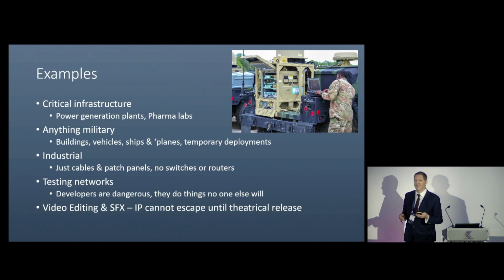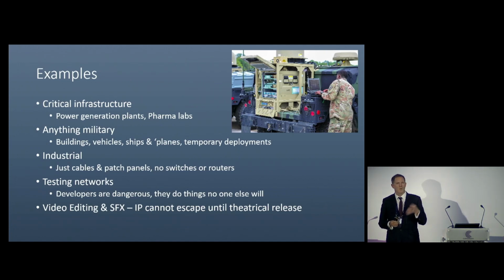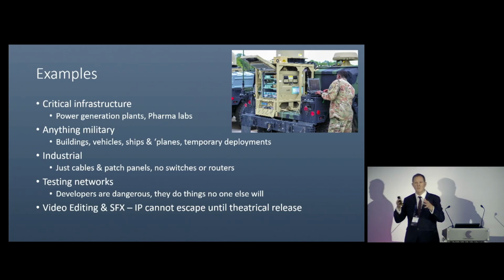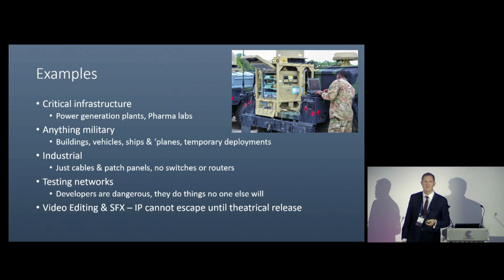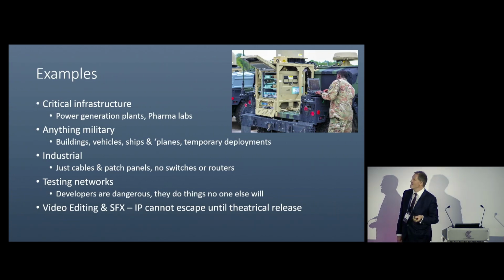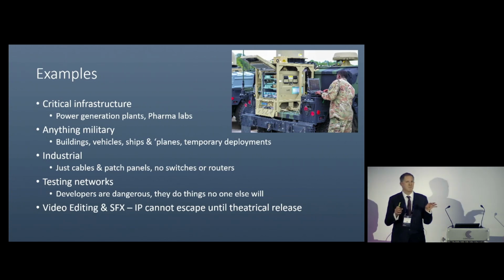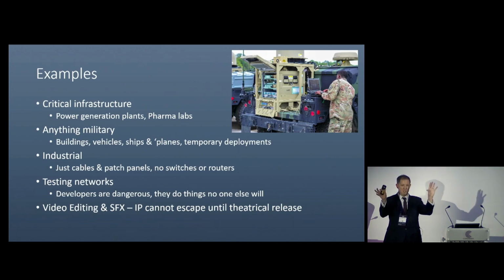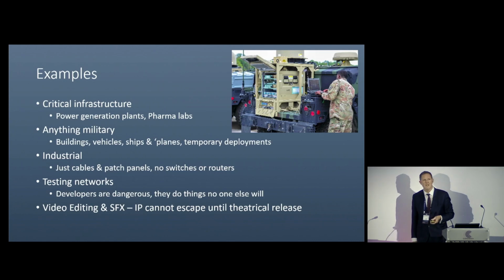Like an armored personnel carrier or a command and control vehicle, or a plane, or a ship. All these are disconnected networks by virtue of what they need. It could be because of their situation or because of the security they need. And temporary deployments: in the films you see a load of tents and big screens and a load of networking, this is all disconnected.